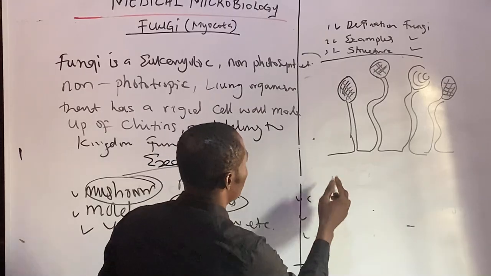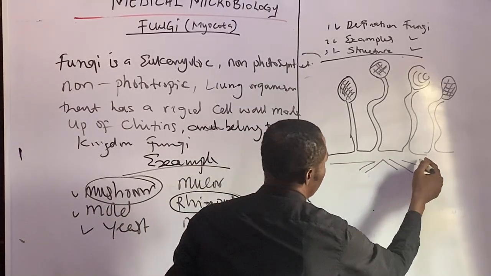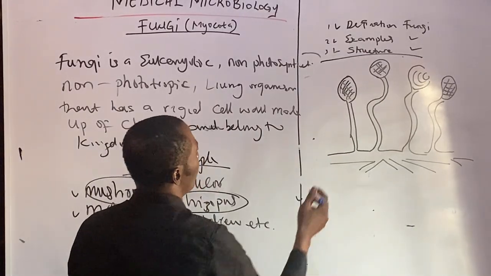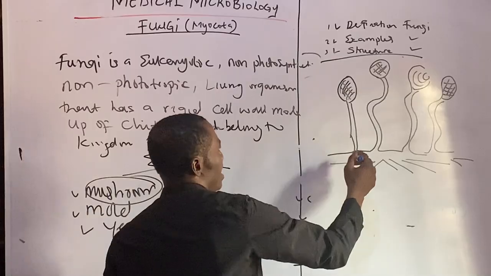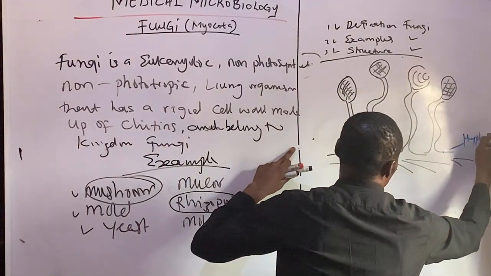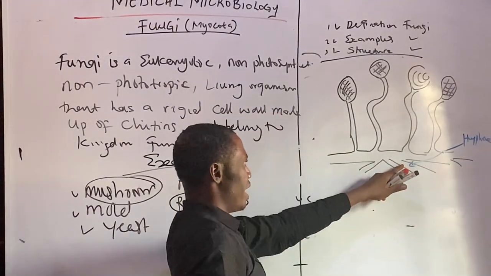Now, this is the rhizopus. Let me put the hyphen. Now, the rhizopus contains, number one, let me label it towards the side. This is called the hyphen. The hyphen is here, down here.